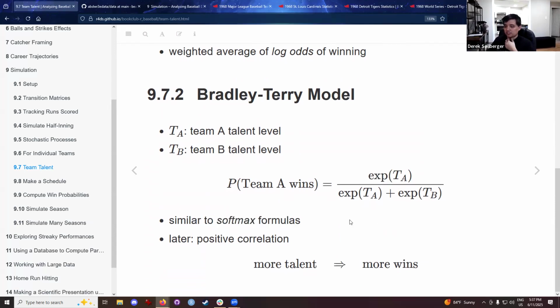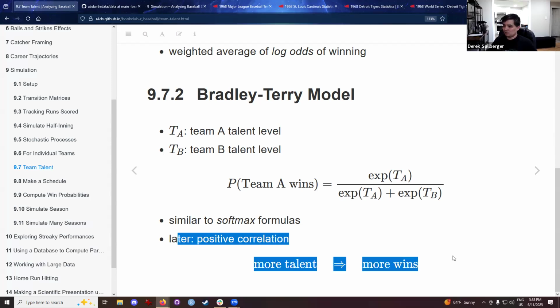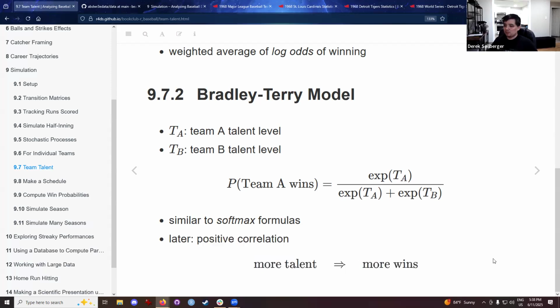If you do any machine learning or artificial intelligence, you might find this similar to softmax formulas. And if you don't want to get too bogged down with mathematics, what we're going for here is a positive correlation: if a team has more talent, they should be winning more games.